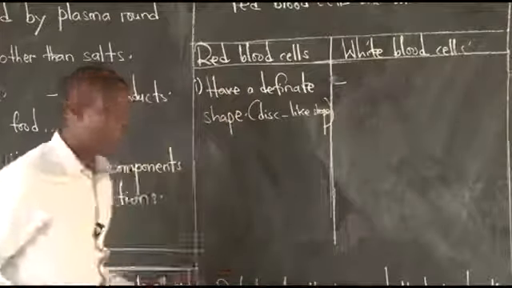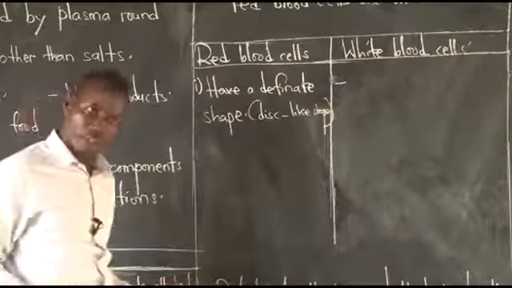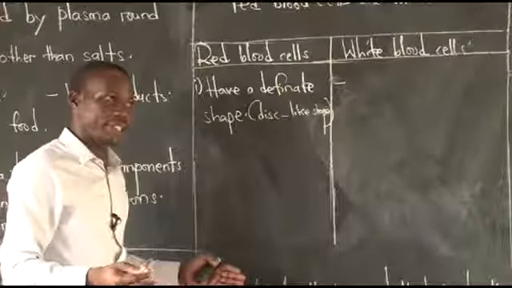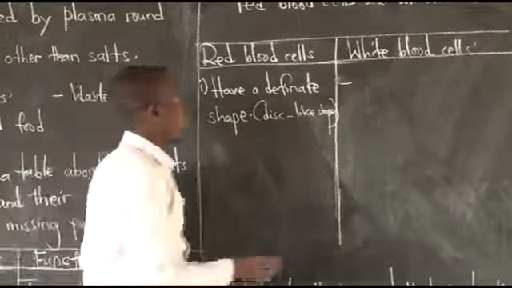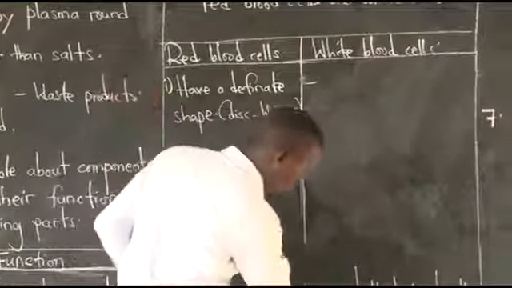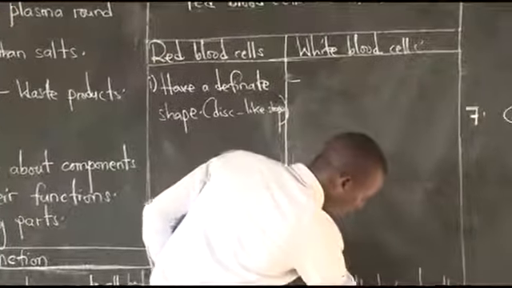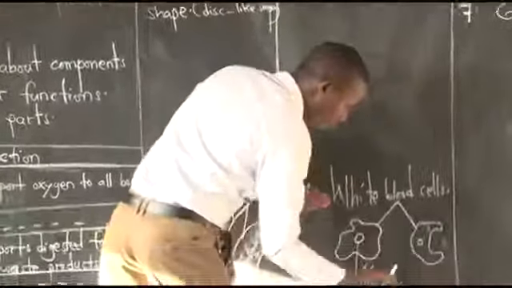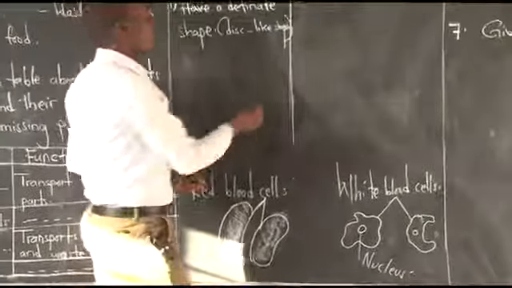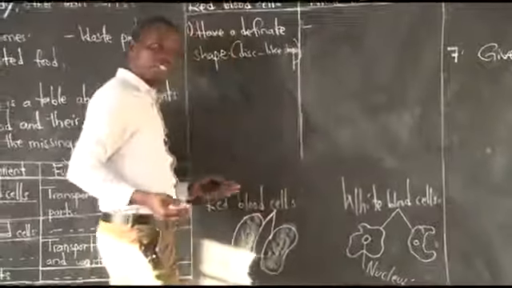They can form any shape depending on the function. If they are going to fight against a germ, they will change the shape. As they engulf the germs, the shape will be changing. If this is the germ, they will move towards it and engulf it, so the shape changes. That's why they have no definite shape.